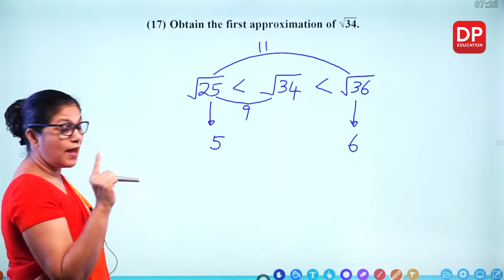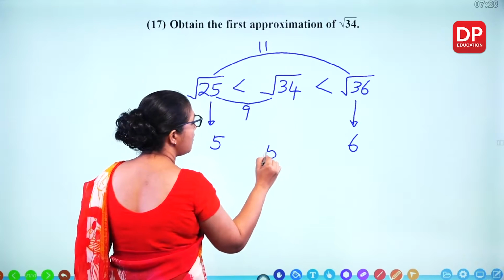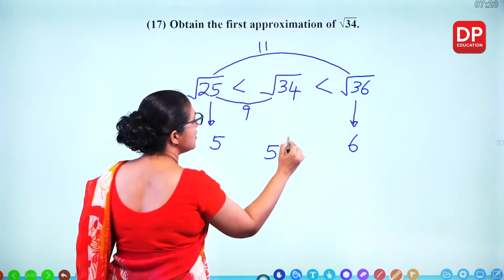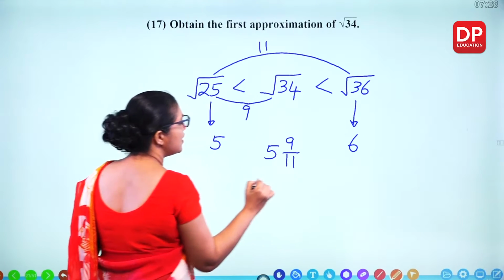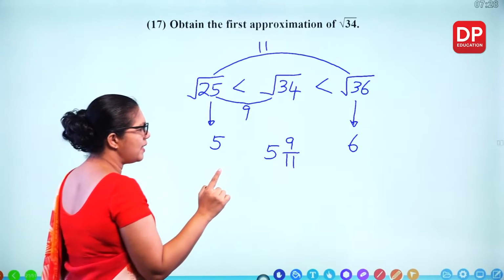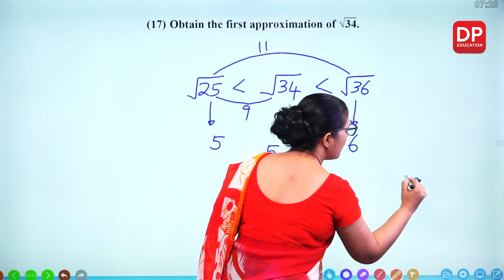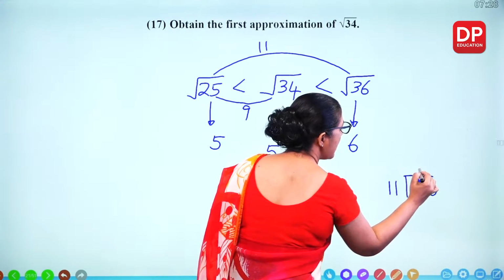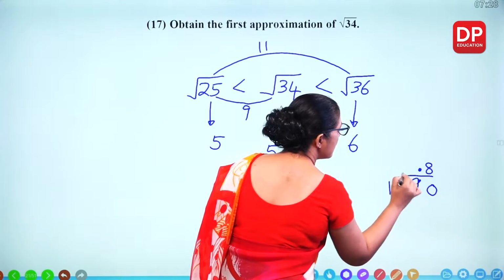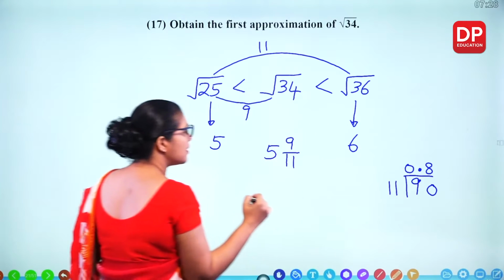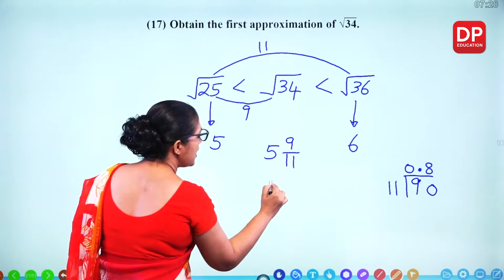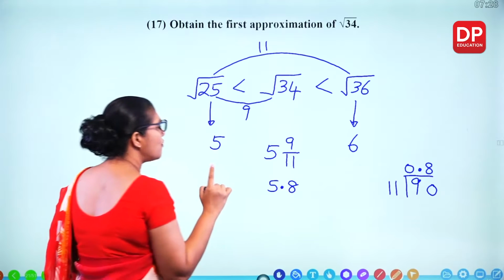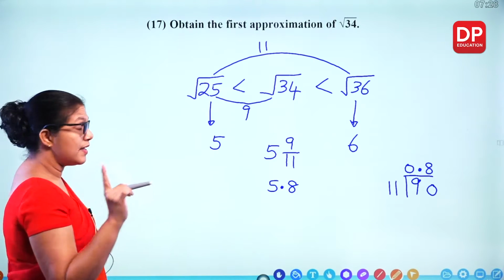So you can write 5 plus a fraction. This is close to 9 over 11. What is 9 over 11? Roughly 0.8, so close to 5.8. We need to check whether it's correct.